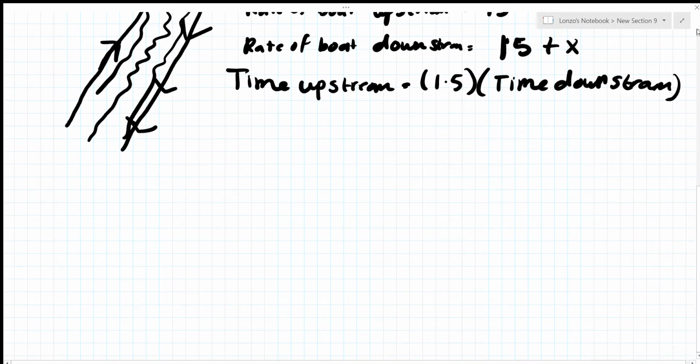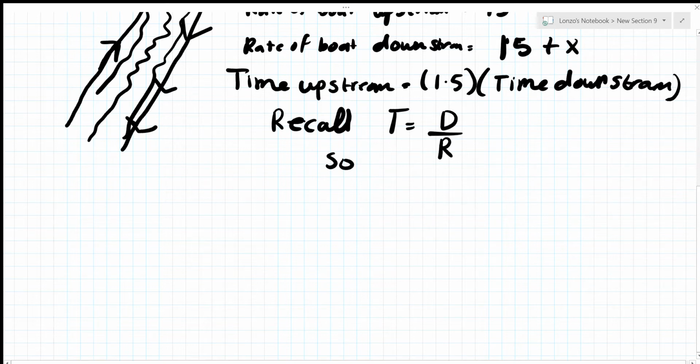So, okay, let's remember from our formulas, recall that time equals distance over rate.